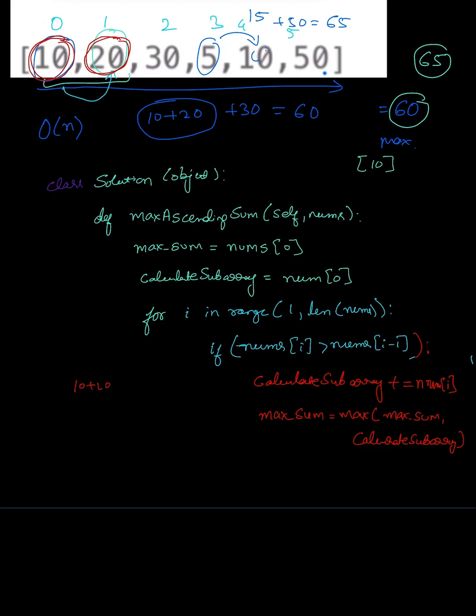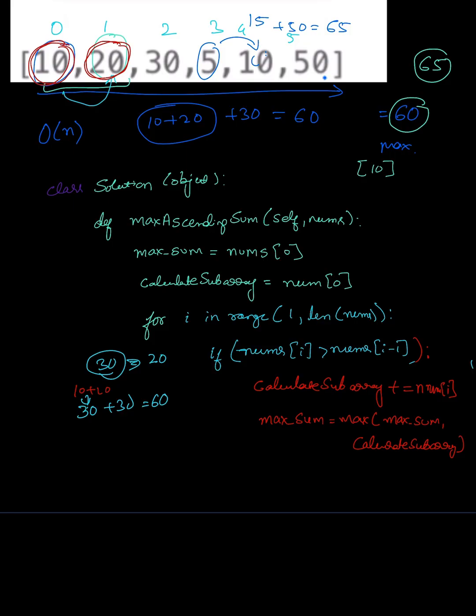The i will become 2. Nums of 2 will be 30. 30 is greater than 20. So calculate subarray, which is already having 30, we will be adding this 30, which is nums of 2, and it's going to become 60. And we will check max of 30 comma 60. 60 is highest, so in maximum 60 is going to get stored.